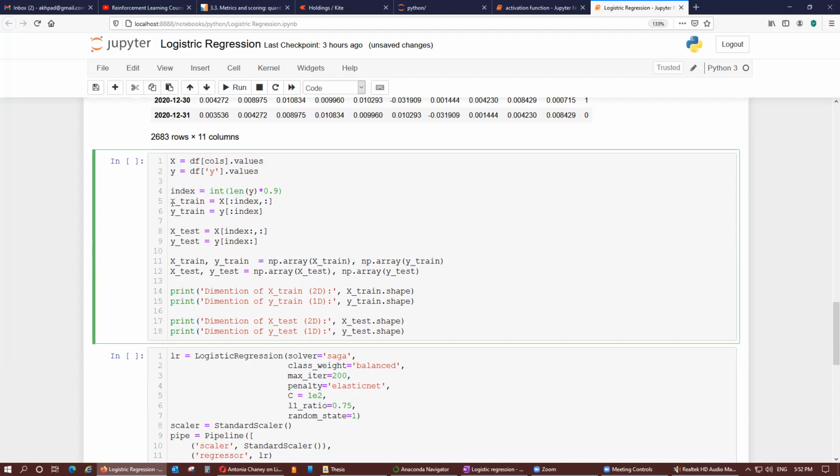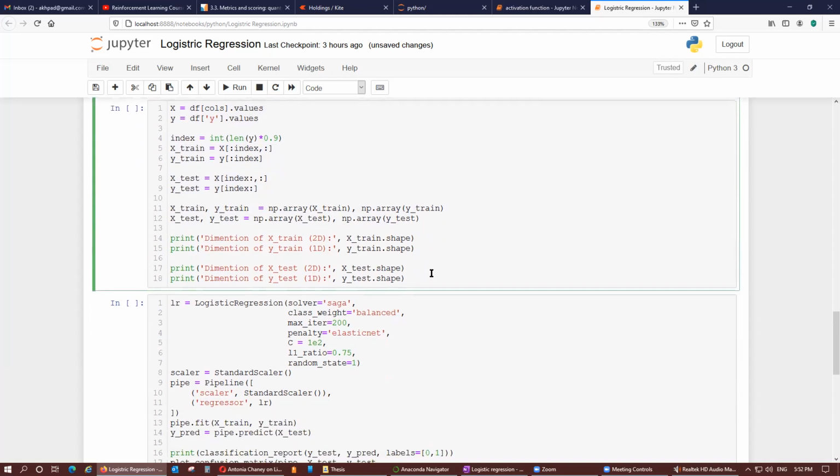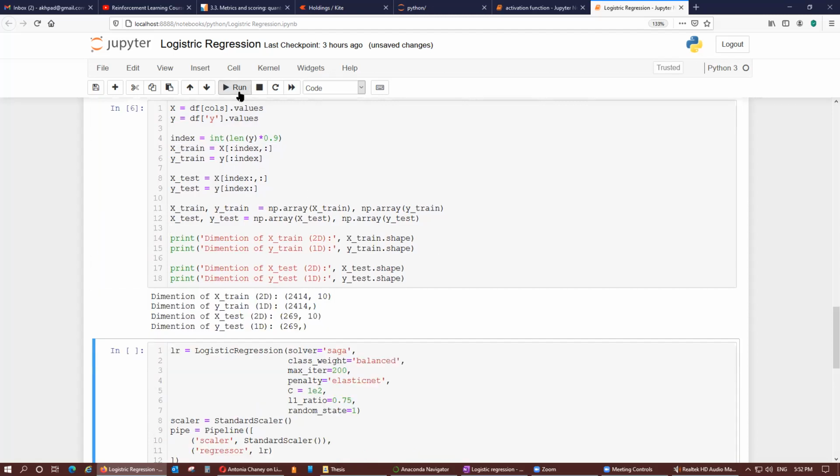Similarly we find the train and test, and for the safer side we convert into NumPy arrays. Let's run it. So this is the data in the training instance, this is the testing instance, and 10 feature variables.